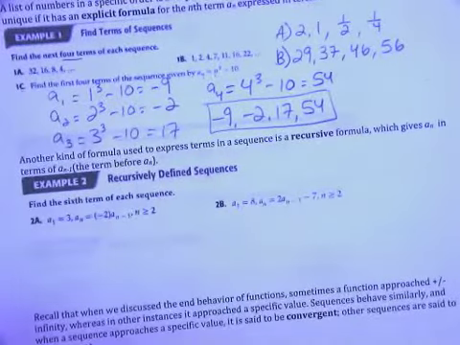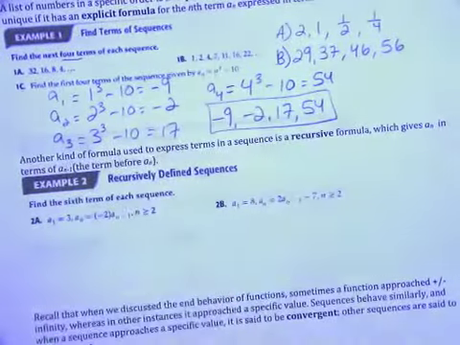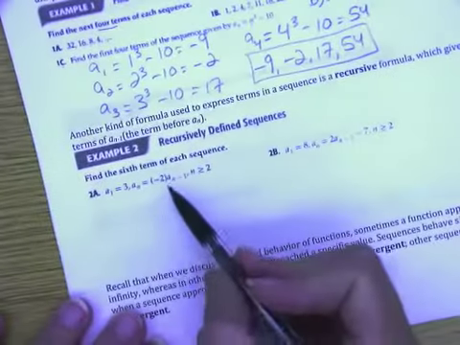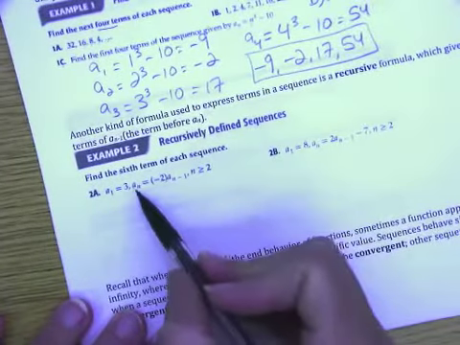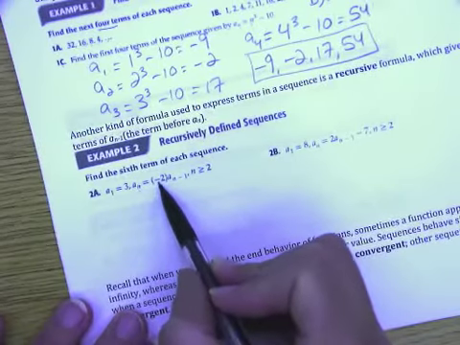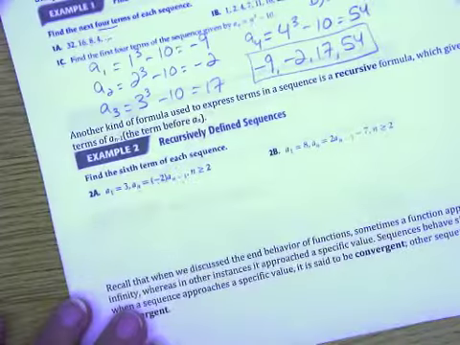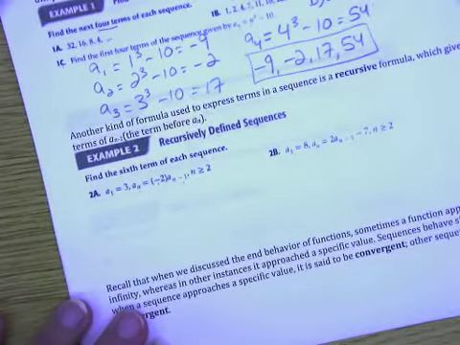Another kind of formula that we can use is a recursive formula, in which we describe the current term based on its previous term. So, for example, here, this term is being described as -2 times the term before it. And in the instructions, they're asking us for the 6th term of the sequence.